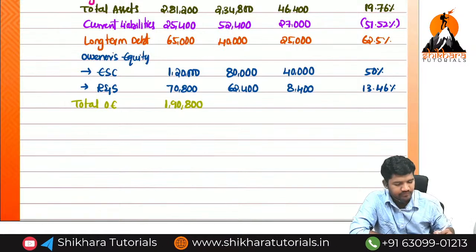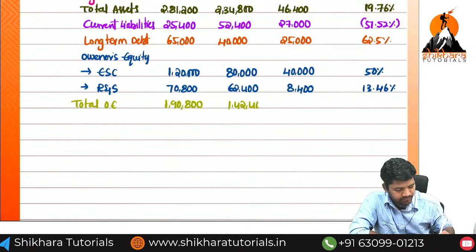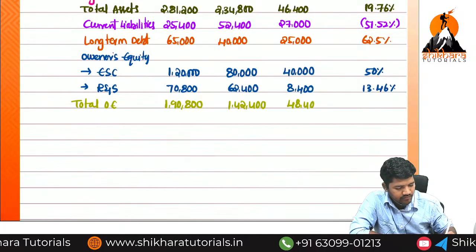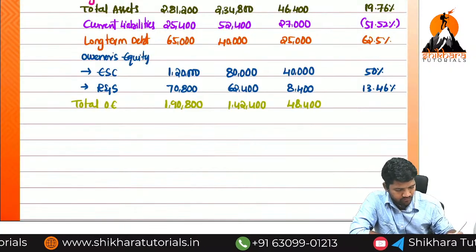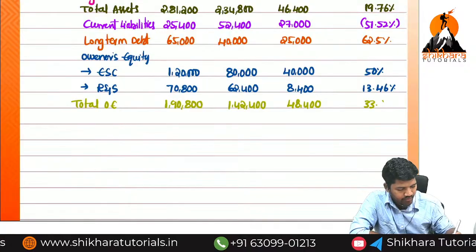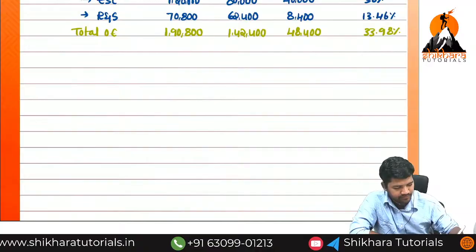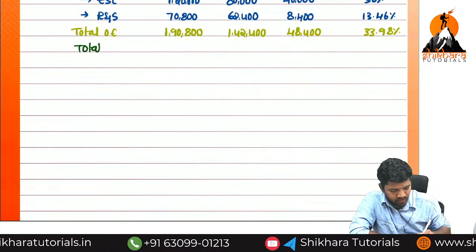1,90,800. 1,42,400. 48,400. 33.98%. Next, total liabilities.